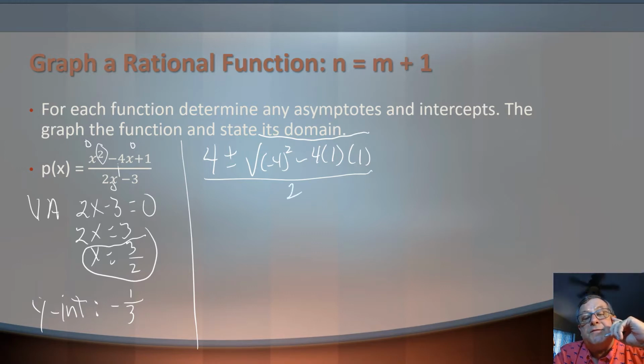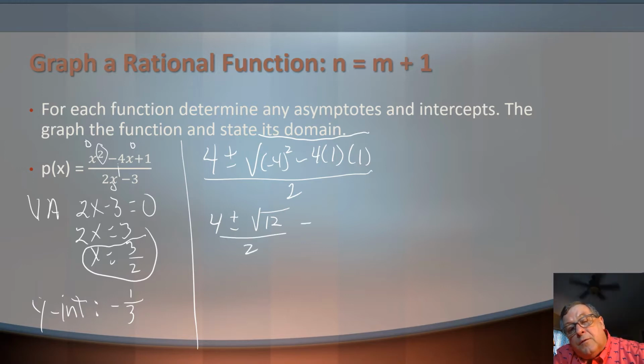All right, so let's focus on what's under the radical. So negative 4 squared is 16. And then I got negative 4 times 1 times 1 again, which is negative 4. So I've got 4 plus or minus the square root of 12 over 2.